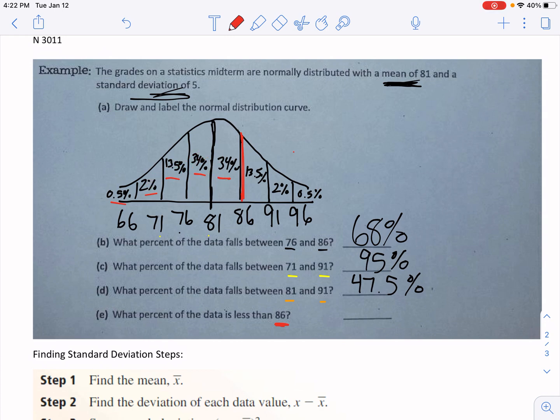Okay, so taking your calculator or writing it off to the side and adding it, add that together, and we should get 84%. Okay, so 84% of the data lies within this region. Okay. So that's how we want to interpret the normal distribution, how things are spread out from the mean and then the standard deviations. Okay?